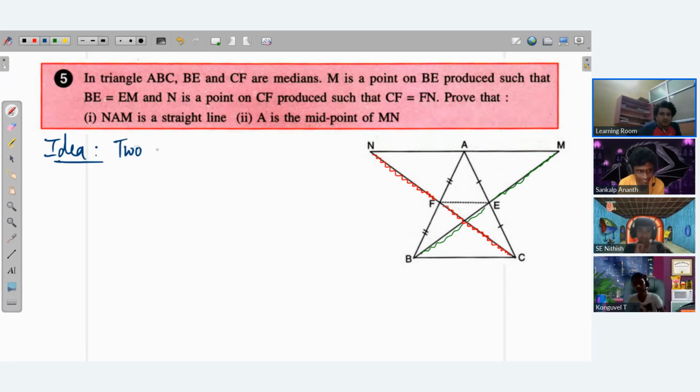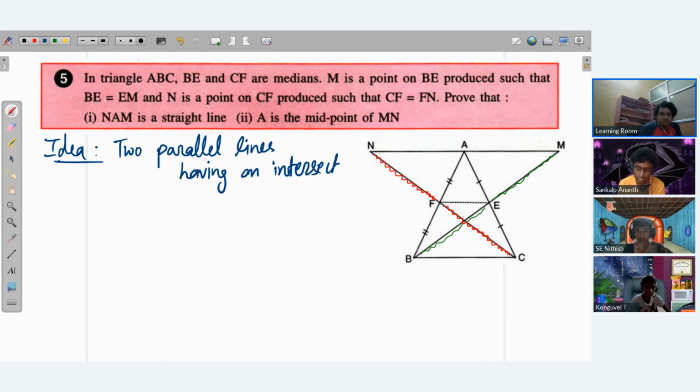two parallel lines, FC and BC, having an intersection point. Then what will it be? If you have two parallel lines which intersect at a point, it means they are overlapping, and I'm basically talking about a single line itself.